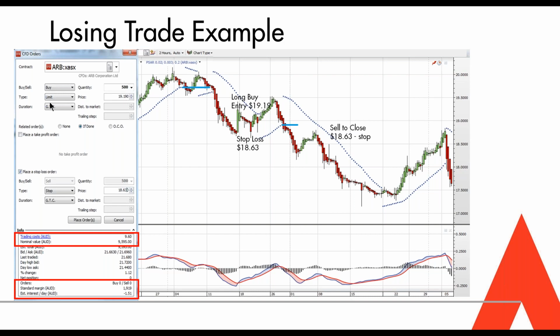So we bought at a limit order of $19.19, and if done, we placed a stop loss order at 18.63, which actually activated the exit from our trade. We had an interest rate per day at $1.51, and we had trading costs.